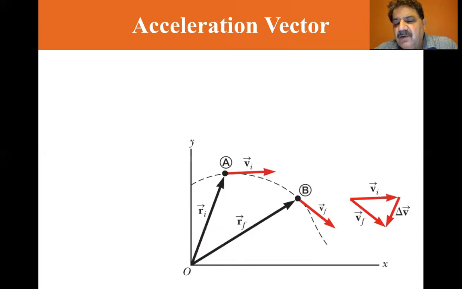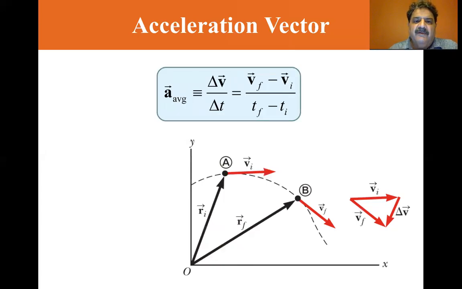The average acceleration is the change in instantaneous velocity vector, delta v, divided by the time interval, delta t, during which that change occurs. So the average acceleration is delta v over delta t. It's a change in velocity over time.